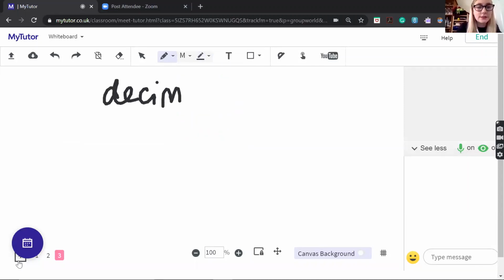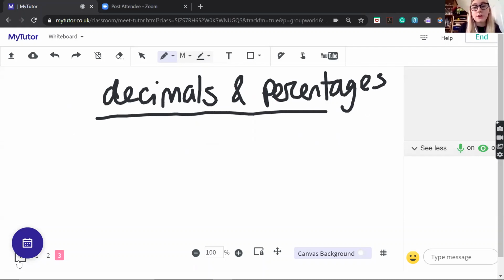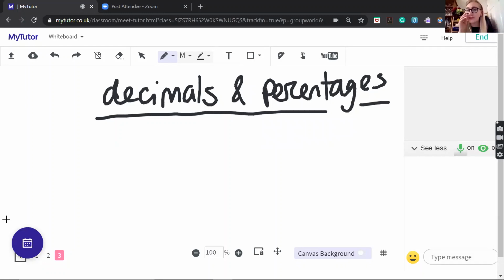Decimals and percentages. As I was saying before, you don't really need to know the exact way to convert, because if we can go from decimals to fractions and then fractions to percentages and vice versa, then we're fine. But we may as well look at it because it's not too bad.